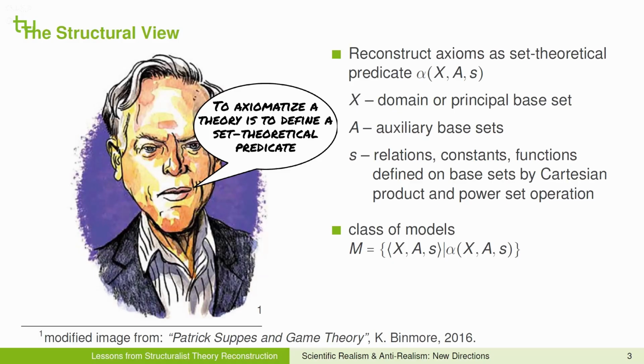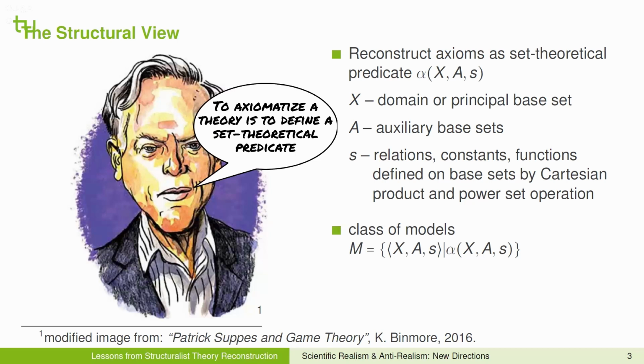So then we can go from our predicate alpha directly to the class of models of our theory, simply by saying, well, all these structures that satisfy the axiom, our set-theoretical predicate, are the class of our models. And then we can do different things with our class of models.